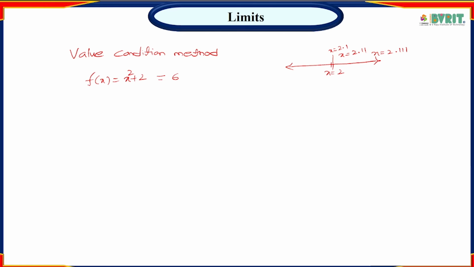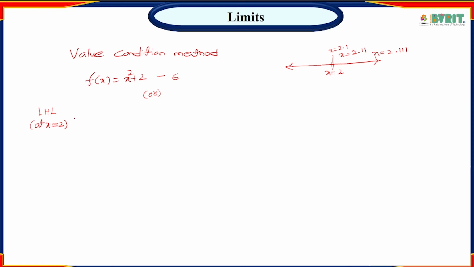Okay, so now going to the other method, the same problem we will do by the other method, that is the left hand limit at x is equal to 2.